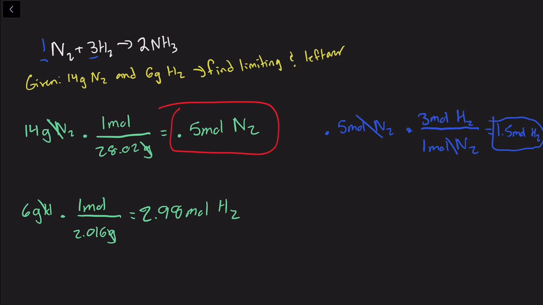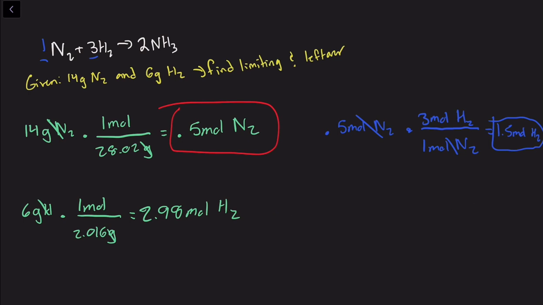So this means to fully react with that 0.5 moles of N2 that we have, we need 1.5 moles of H2. Well, how many moles of H2 do we have? We have 2.98 moles of H2. So in this case, our N2, our nitrogen, is the limiting reactant because we use all 0.5 moles of it and we still have some leftover hydrogen.